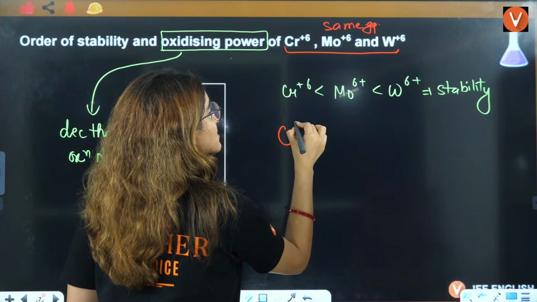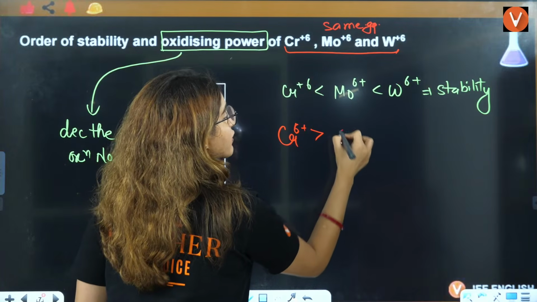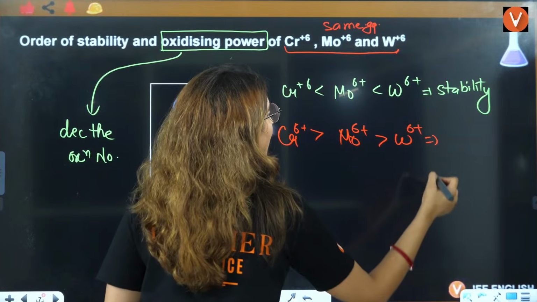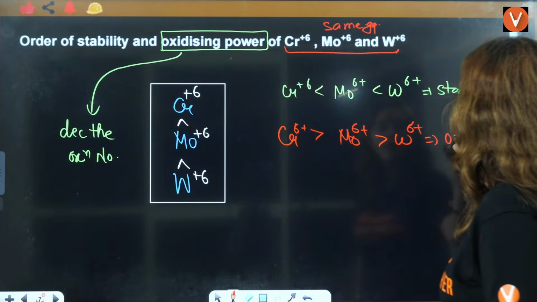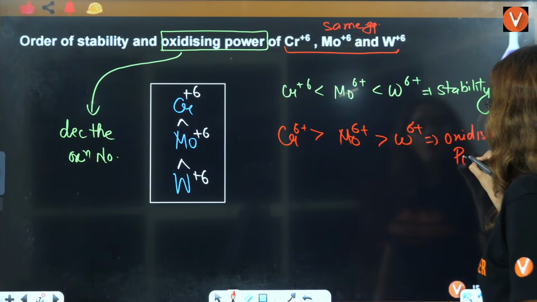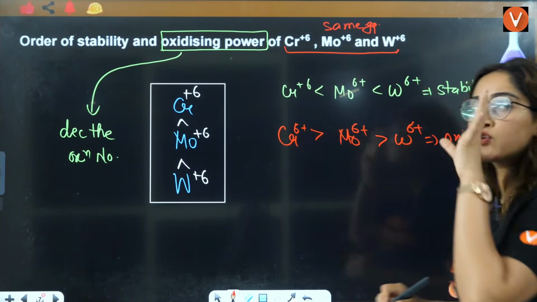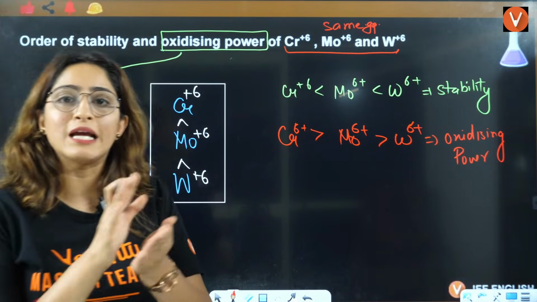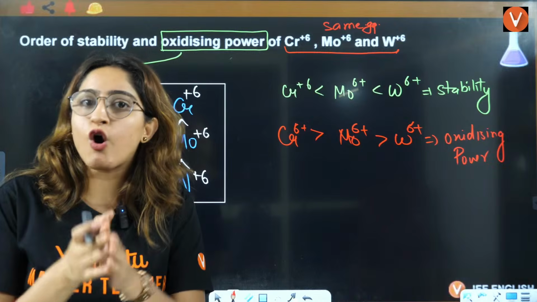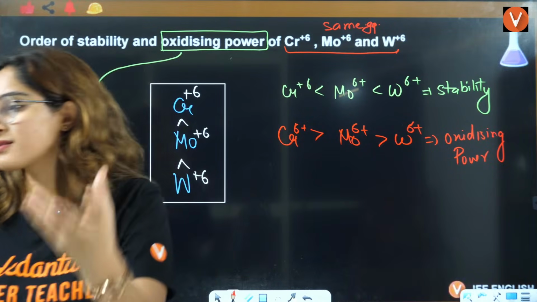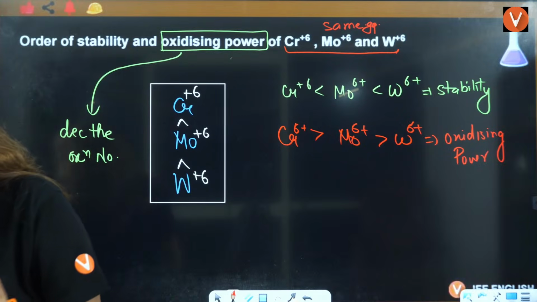So that's why its oxidizing power is going to be high. Oxidizing power order is going to be maximum for chromium, because chromium wants to exist in +3 oxidation state. So it will gain the electron and get itself reduced and oxidize someone, and that's why it is a good oxidizing agent, right? Okay.